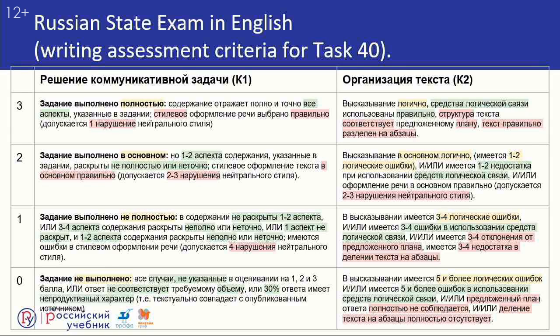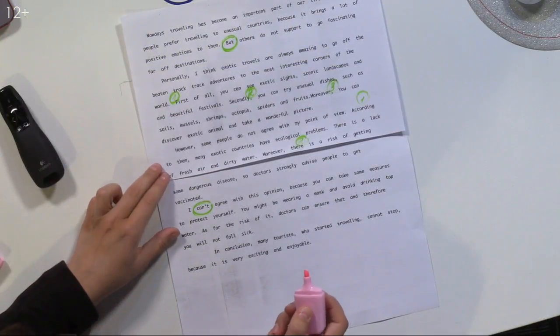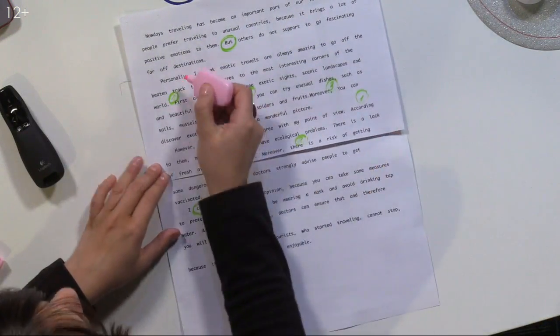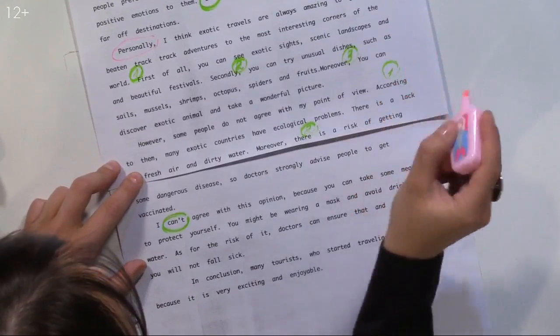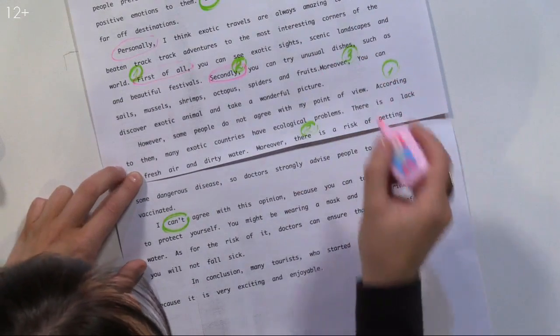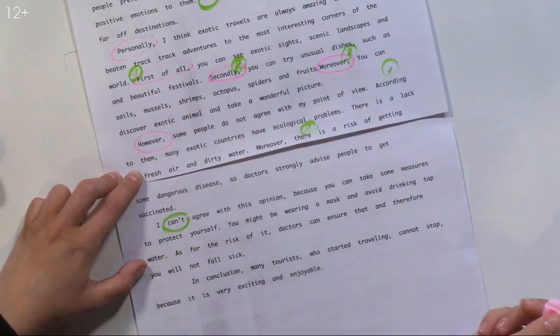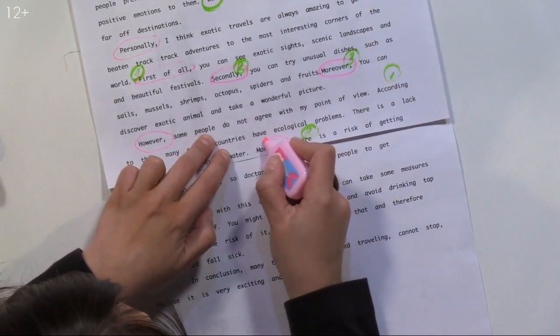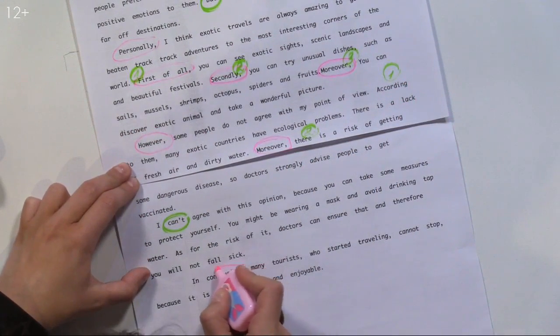Now, let's have a look at the way our learner used different stylistic devices. Well, we can see introductory and linking words here, like personally, and then we have first of all, secondly, and moreover, then however, again moreover, and in conclusion.